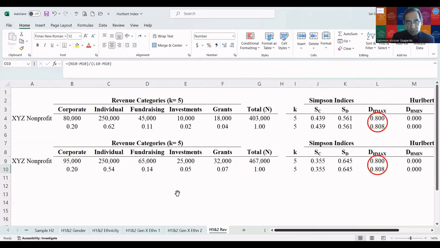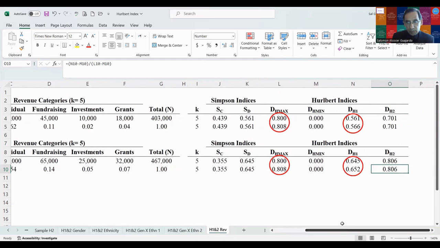So this briefly is how you apply the Hurlbert indices to the revenue data. And again, this is to be consistent with episodes 1, 2, and 3.